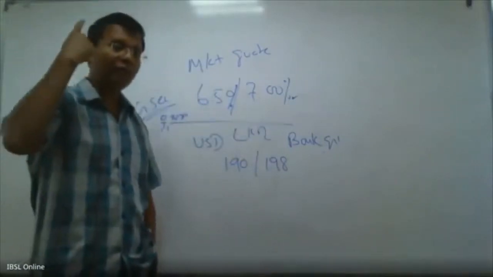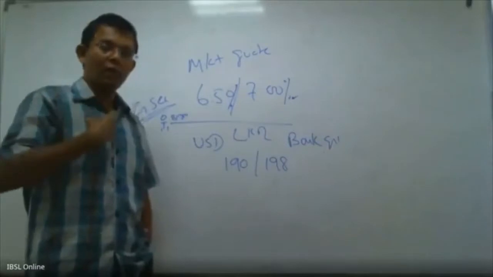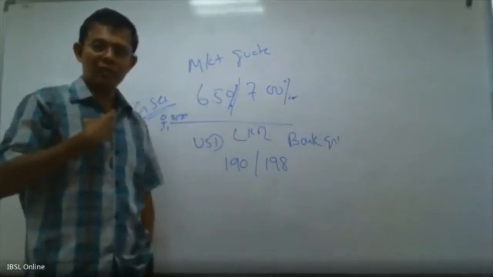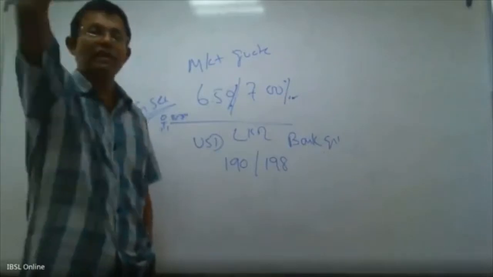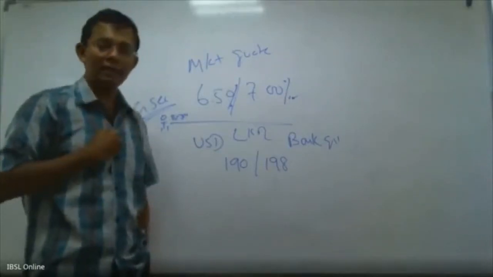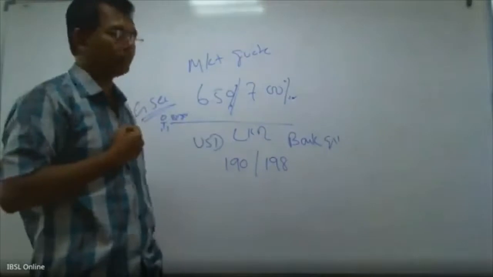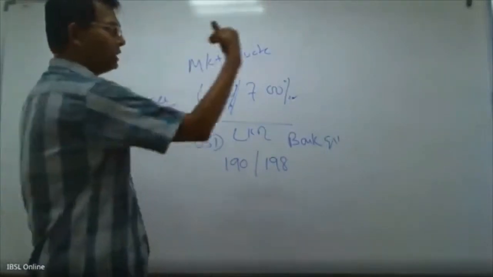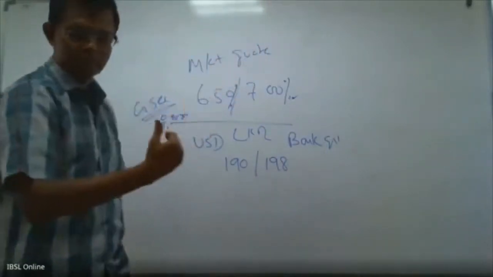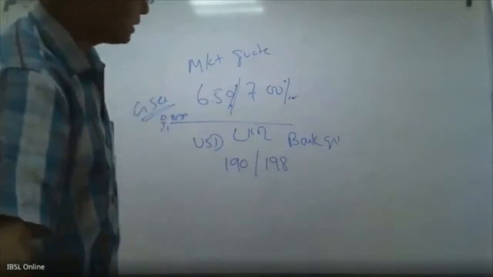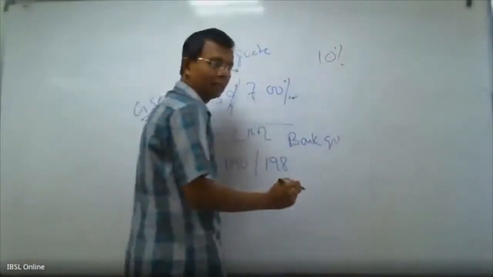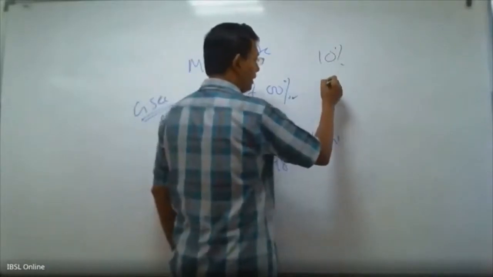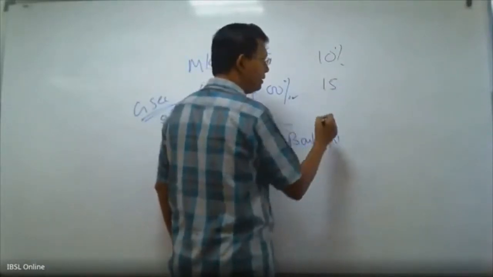Think about what we have learned regarding government instrument yield and capital gain. Remember we did it. Purchase yield this much. When the interest rate moves, say I purchased at 10%, and now the market has moved up to 15%.